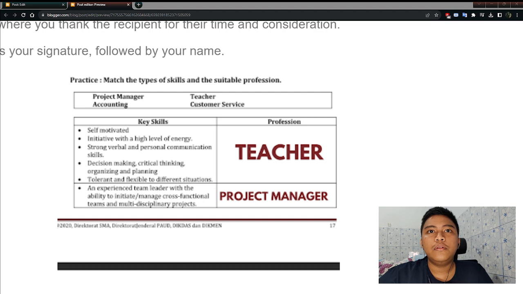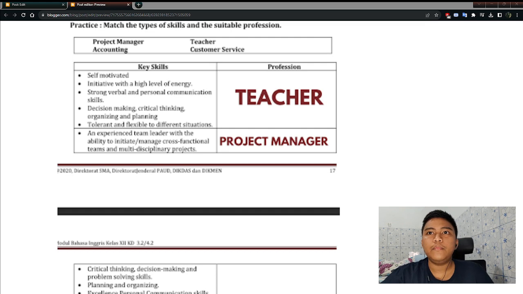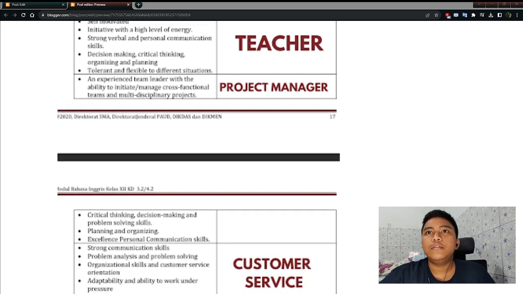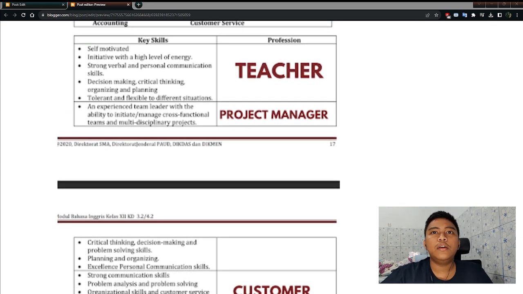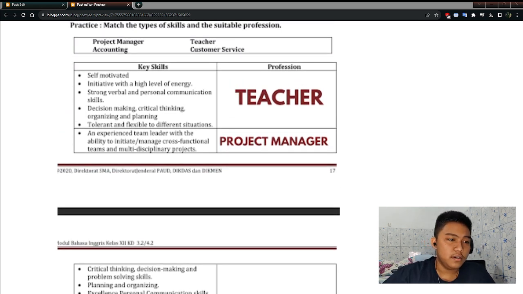So you can assume he has a high level of energy, is self-motivated, and has strong verbal and personal communication. The main key is verbal communication, so assuming he or she is a teacher. The second one, an experienced team leader. From here we can conclude that it's a project manager.